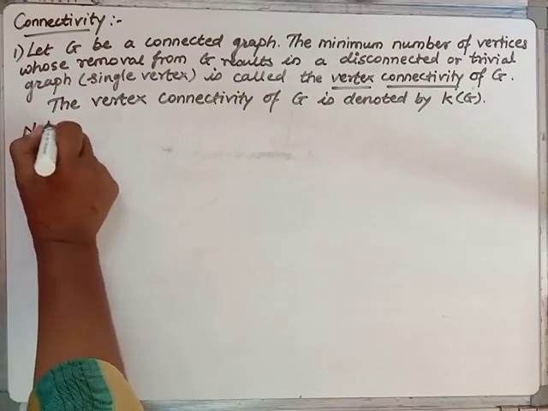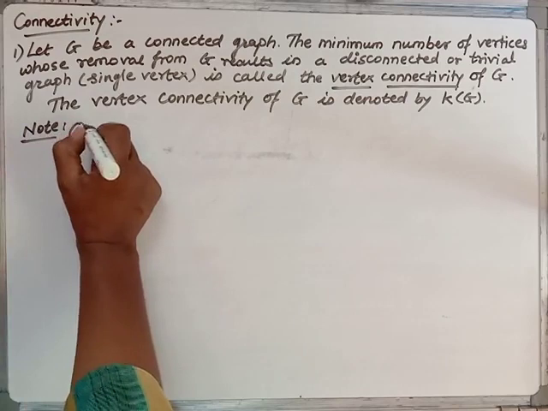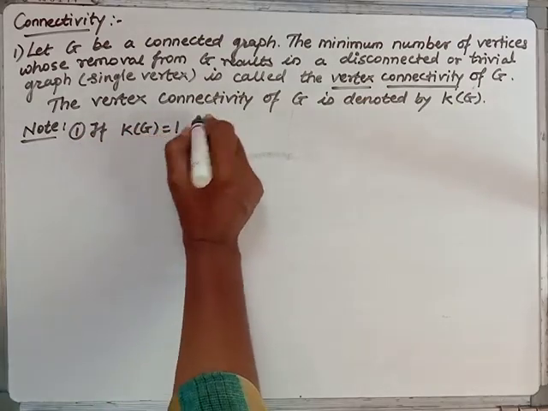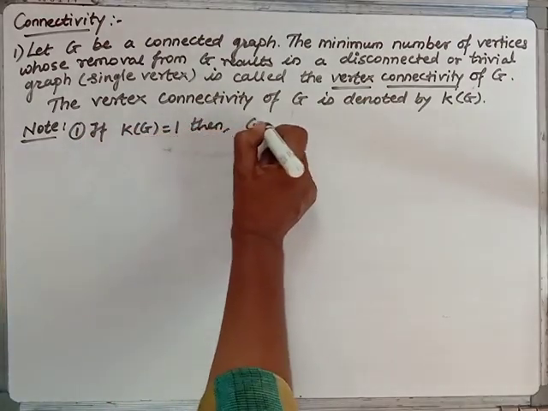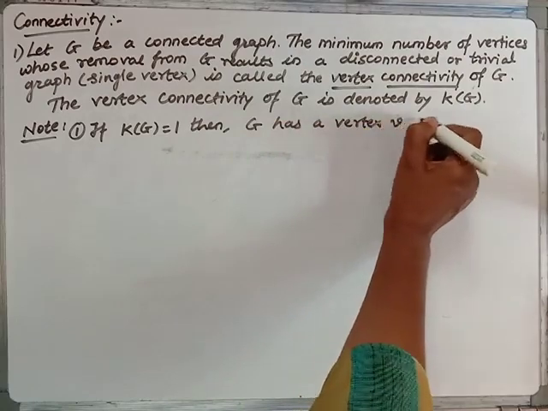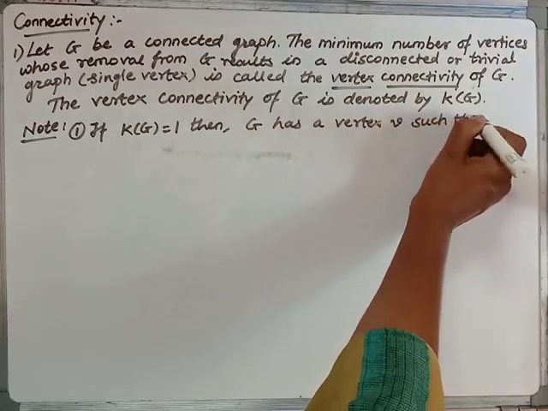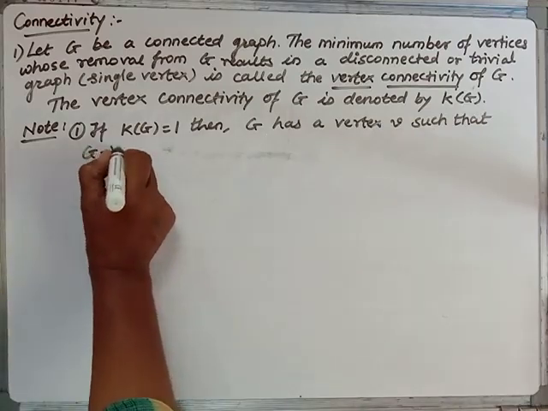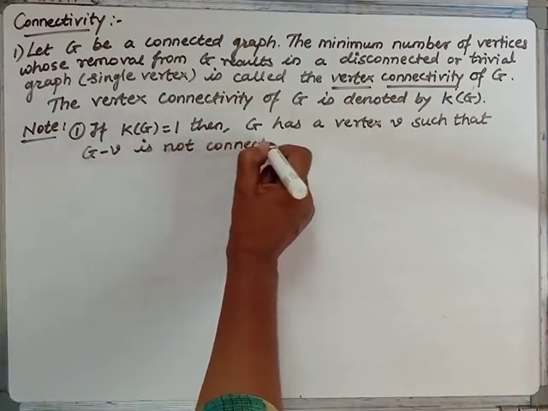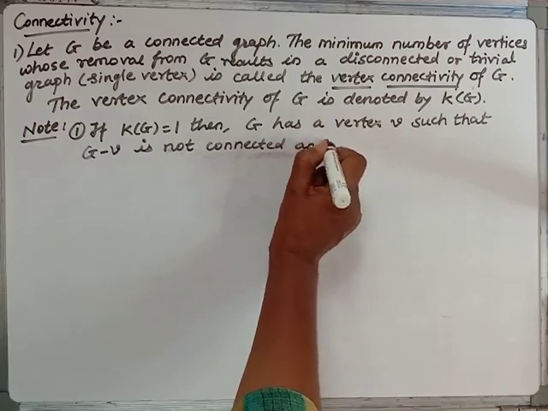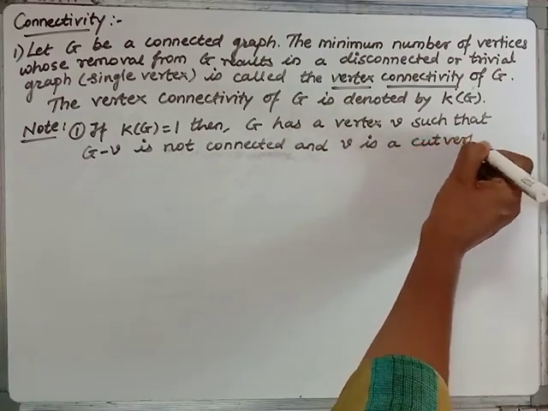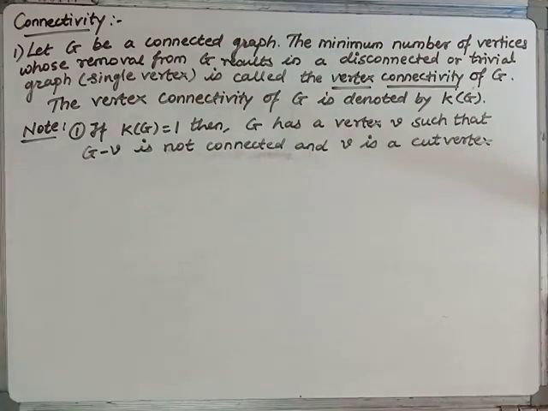Here note 1: if K of G equals 1, then G has a vertex V such that G minus V is not connected, and V is a cut vertex. Number of cut vertices is nothing but the vertex connectivity.